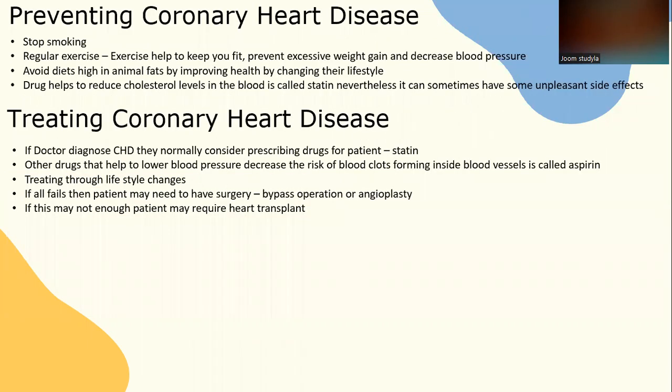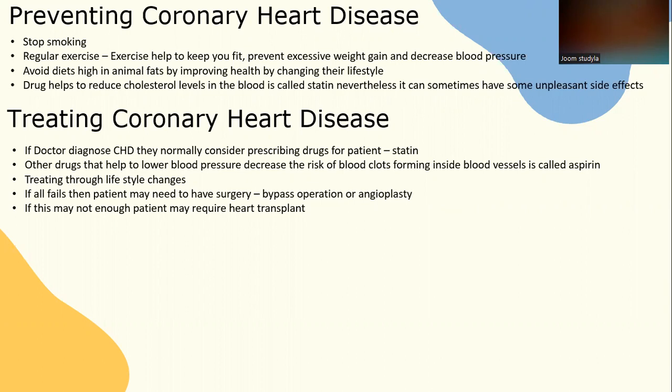And how to prevent coronary heart disease? First you have to stop smoking, and you have to perform regular exercise, where essentially exercise can help keep you fit, prevent excessive weight gain, and decrease blood pressure. Avoid a diet with high salt and animal fat, because by doing that, it will improve your health by changing your lifestyle.